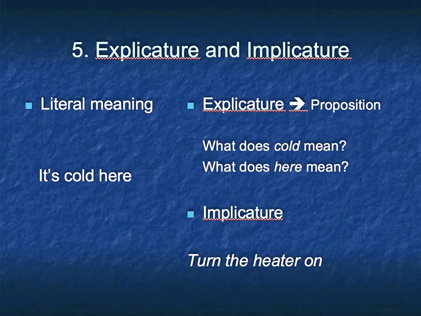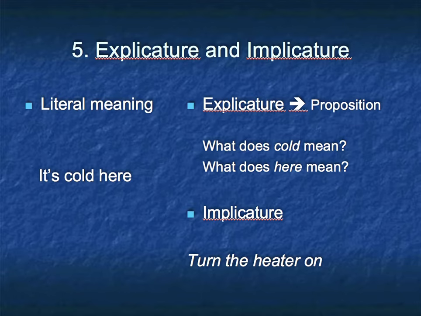Cold has different senses. It has a physical sense, but it also has an emotional sense. So which one is it? So explicature is the process of working out the ambiguities and the references, enriching the literal or sentence meaning to get to a proposition.